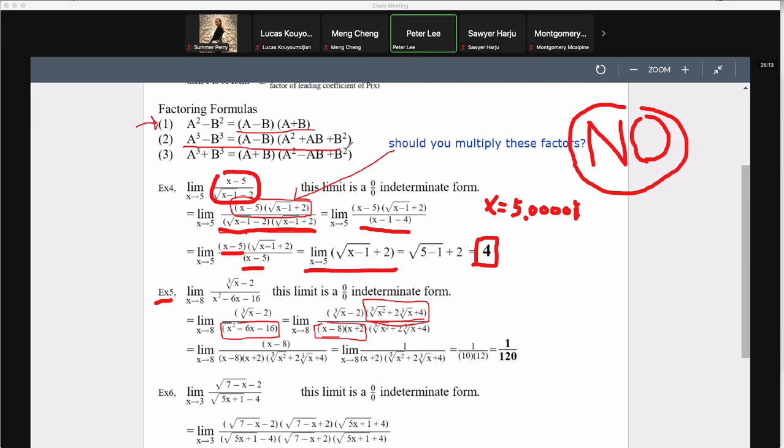In this case, the cube root of x minus 2 is our a, and that is our b. And this guy is a minus 2, so we have a minus b.